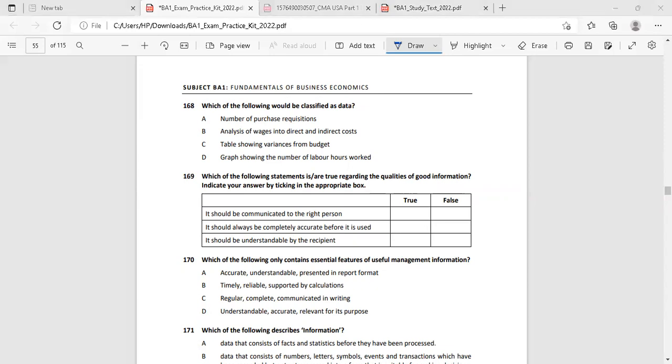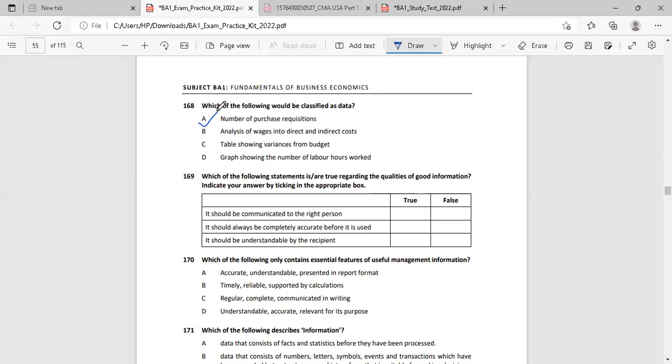The first one, number of purchase requisitions, is raw. The other three are all processed. Analysis of wages is taken up. The table showing variances is even further, not only arranging it in a table but drawing variances from it. The graph is a graphical presentation. So data is just in the raw form: number of purchase requisitions.